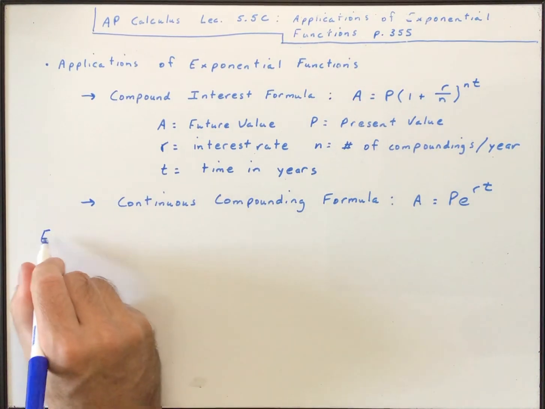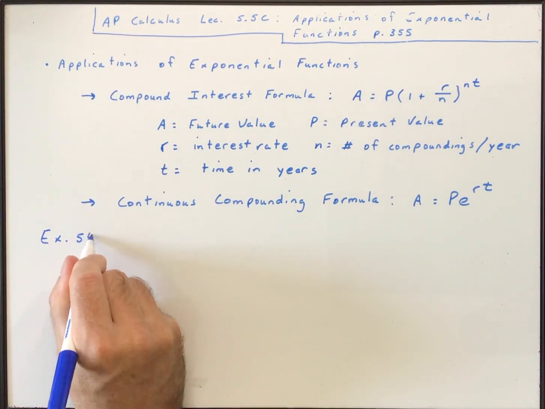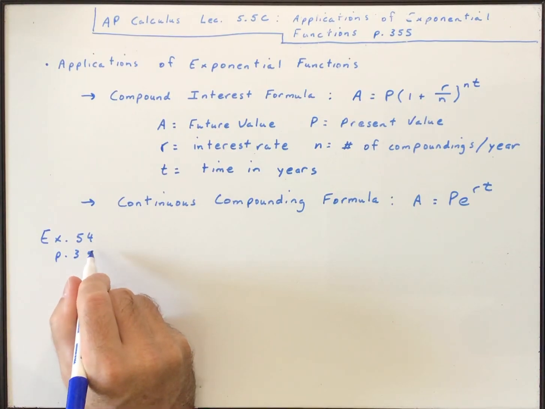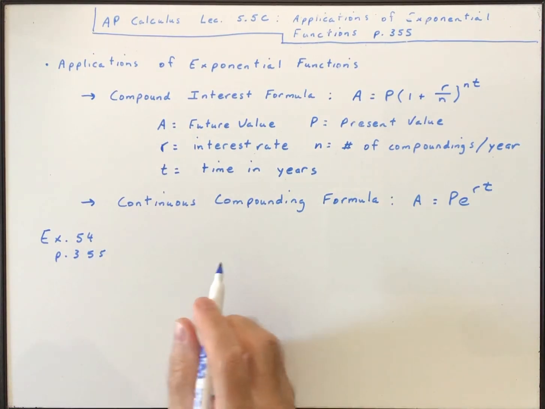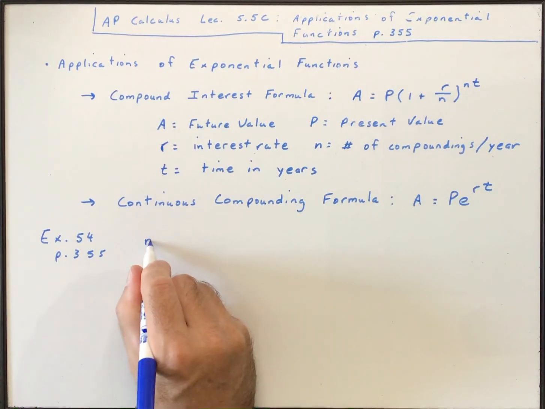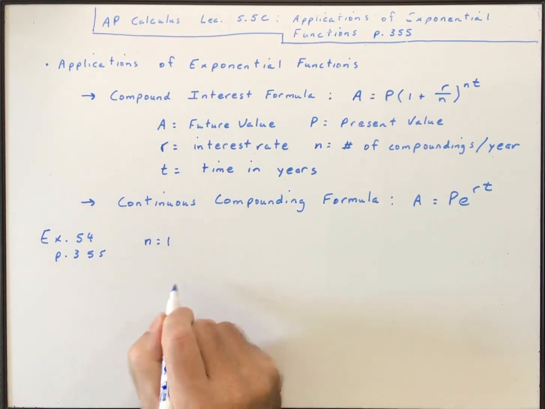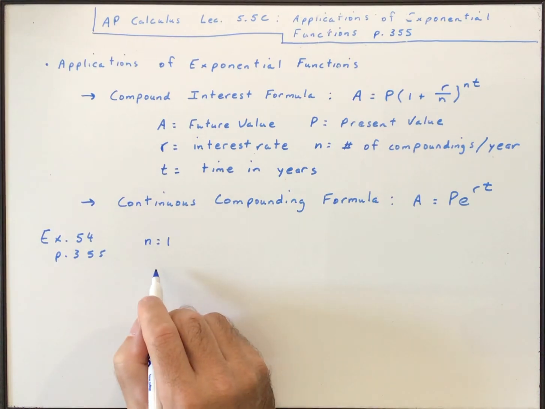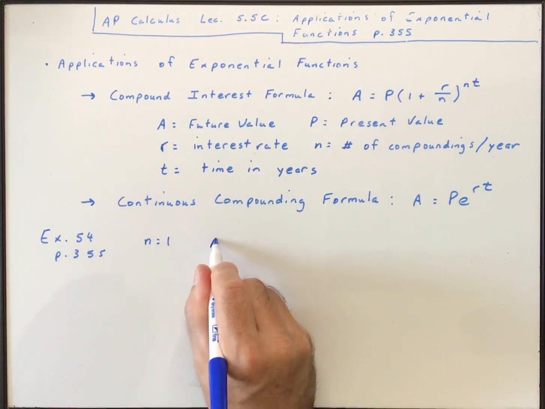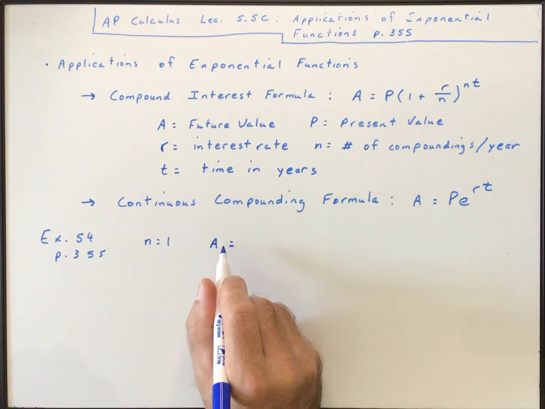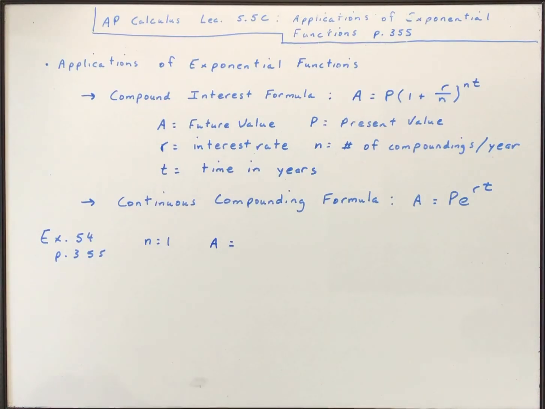So now we'll do example 54. Let's do N equals 1, we'll do N equals 365, and then we'll do continuous compounding. So for N equals 1, we're trying to find A. Our present value is $2,500.